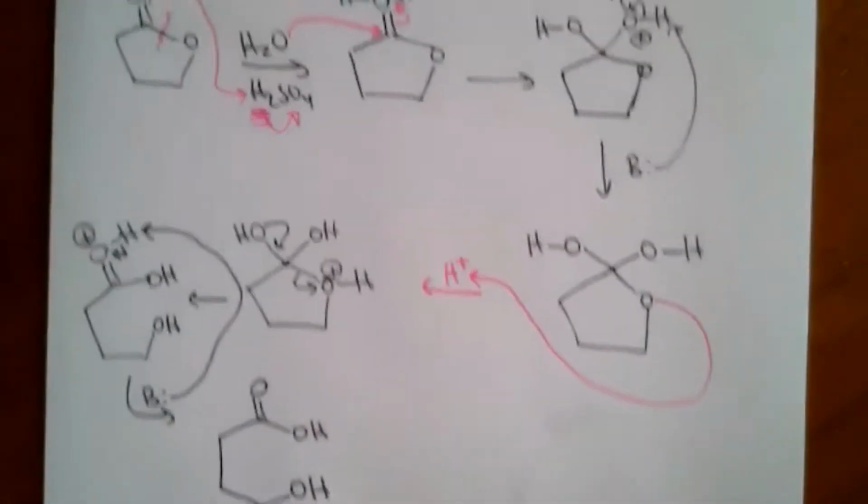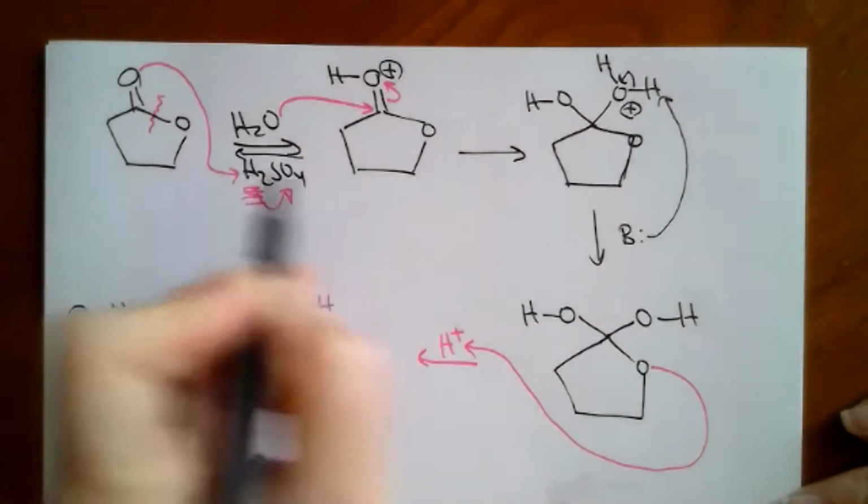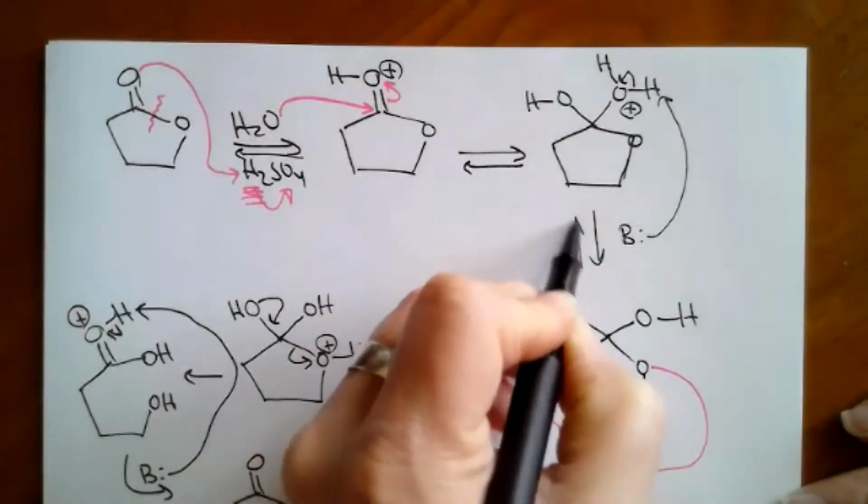So if we compare these two things and we tidy up this hydrolysis in acid reaction that I drew for you earlier, I did something that I shouldn't have, or I neglected to do something that I should have. This reaction is entirely an equilibrium process.